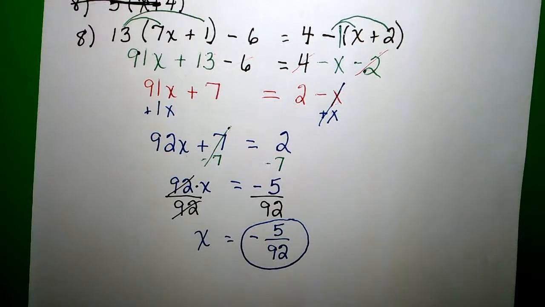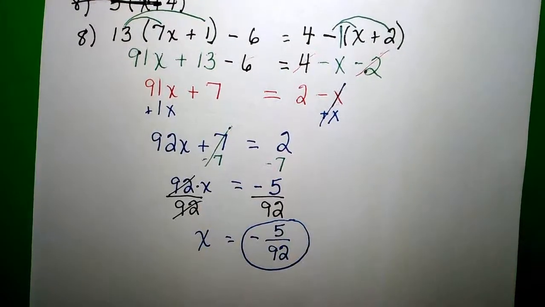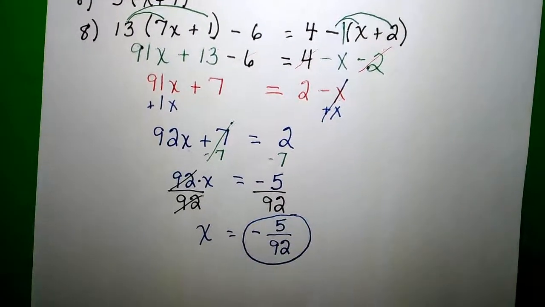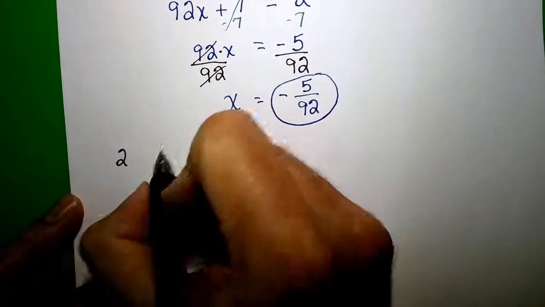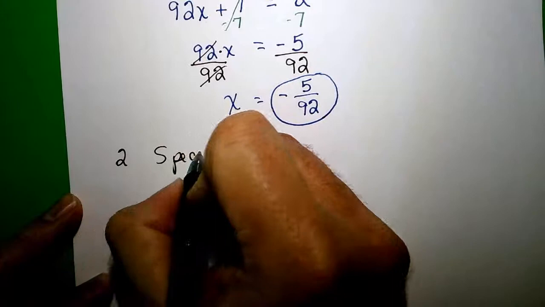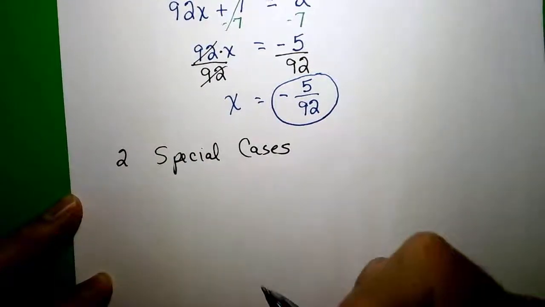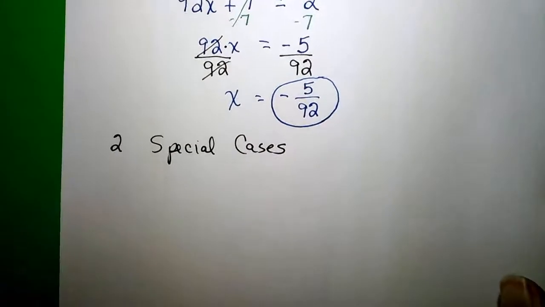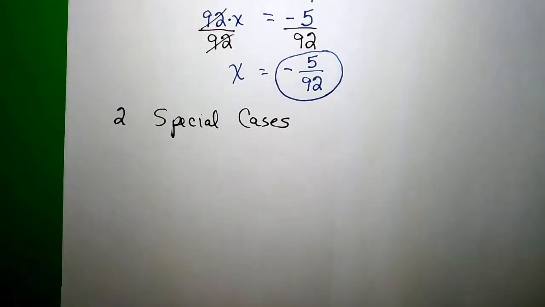When we have some messy looking equations like this, there are two special cases that might occur. Two special cases. It's possible that you might have an equation in which every number is a solution. Okay?